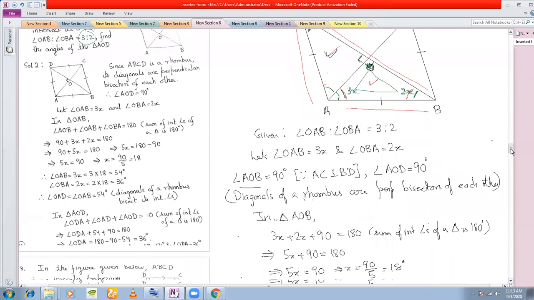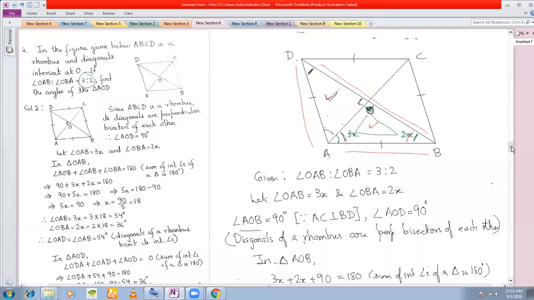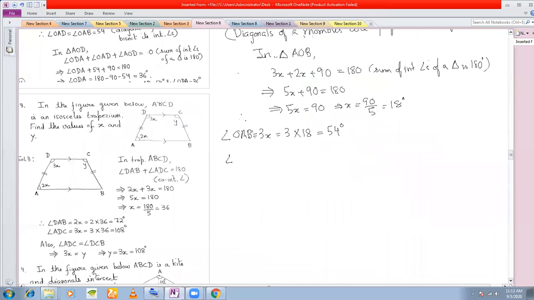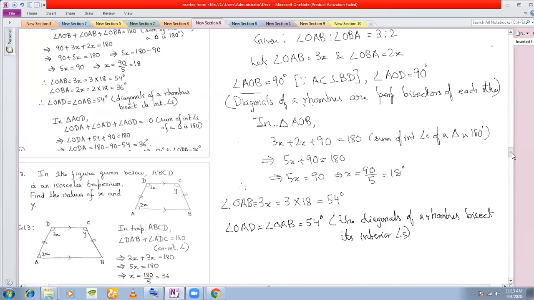Therefore, we write angle OAD is equal to angle OAB is equal to 54 degrees or 3x, whatever, because the diagonals of a rhombus bisect its interior angles. So therefore we have found out two angles in this triangle.